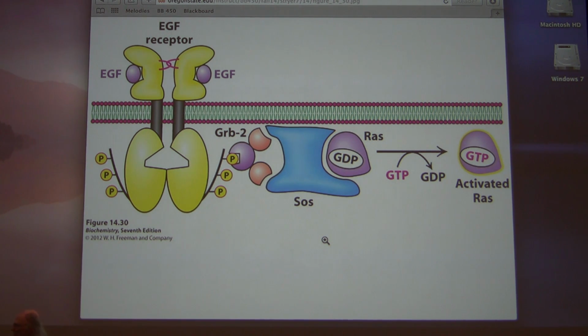How does that signal get stuck on? A really dandy way is mutation. Okay? Mutation, a change in the sequence of DNA, can change the sequence of amino acids in the protein that's coded by that DNA.